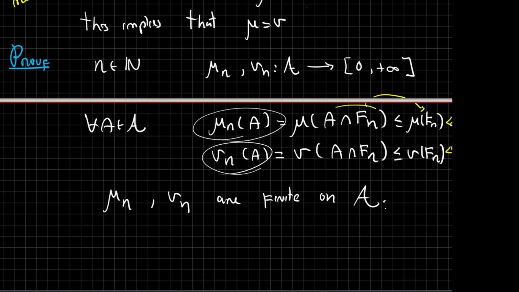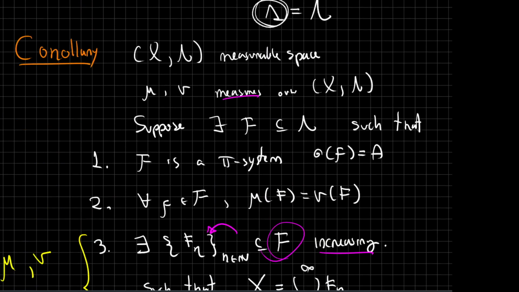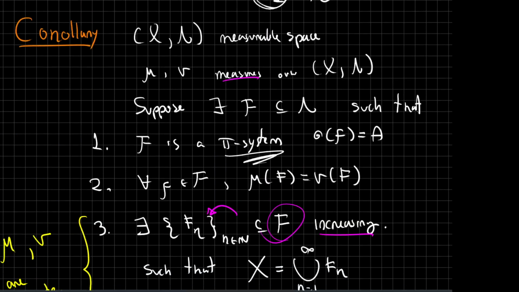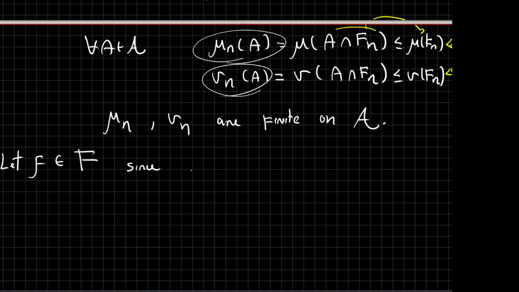So yeah, now let's say that we have some value here, and since F is a pi system, as a condition of the corollary, this can be intersected with any element of the family, in particular with this one, because they are both elements of the pi system. So this is an element of the pi system by definition.